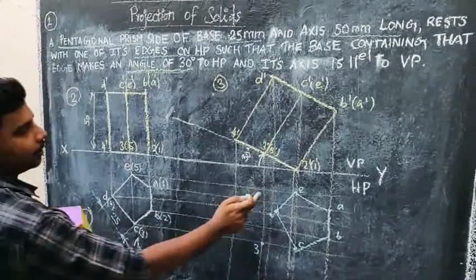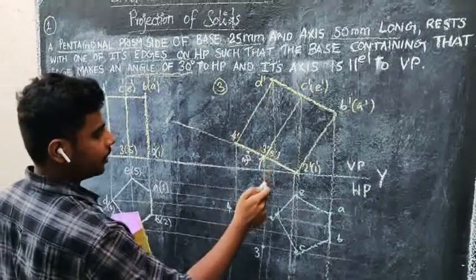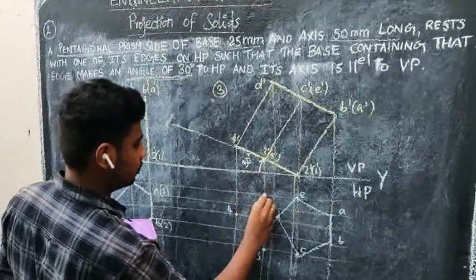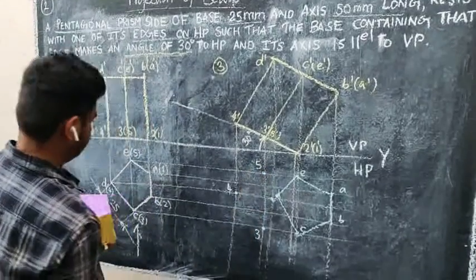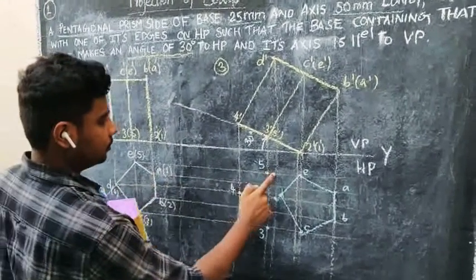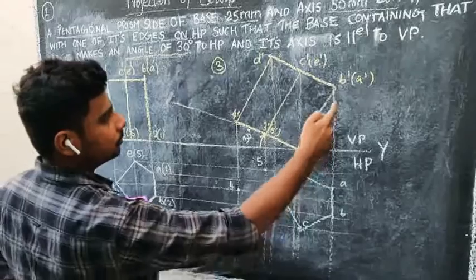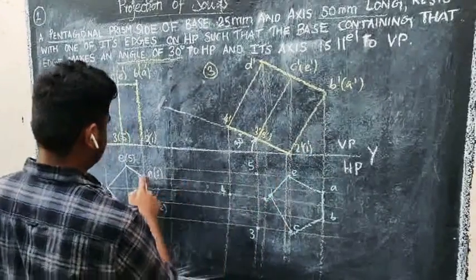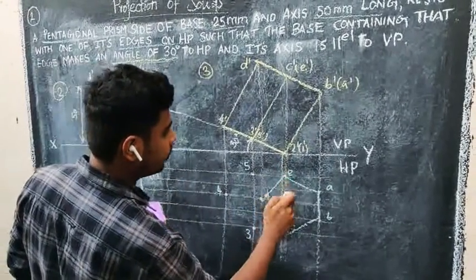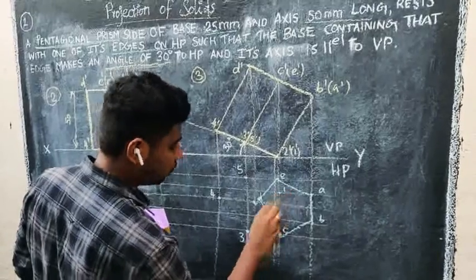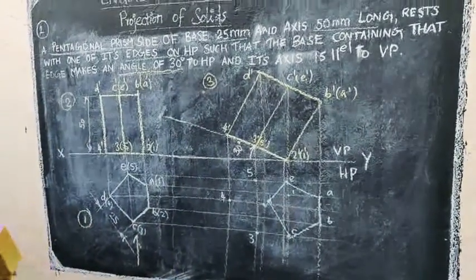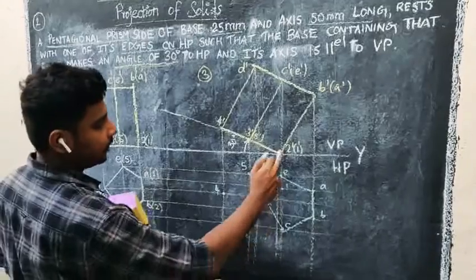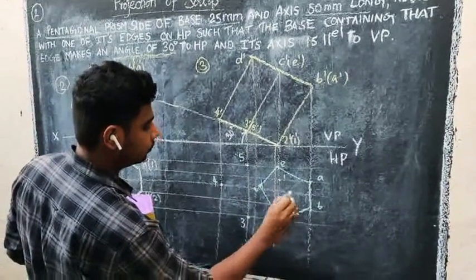So this is your 5, and it is meeting here at 5. This is your point number 5, and this is your 1, which is meeting here. So this is your 1, which is meeting here, and this is your 1, right? And this is your 2, which is meeting here at 2, right?